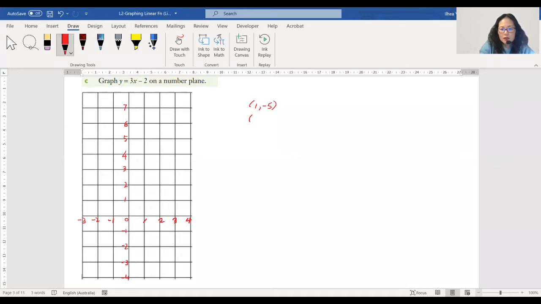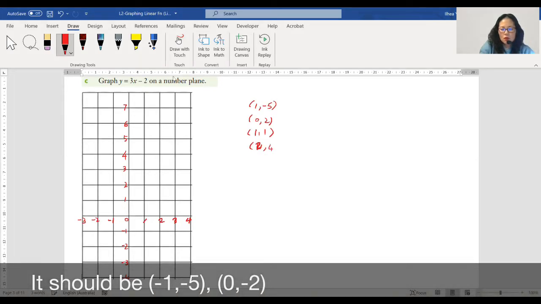And 0 and -2, and 1 and 1, 2 and 4, and 3 and 7. Okay, so what I'm going to do here is just imagine there is a -5 down here.